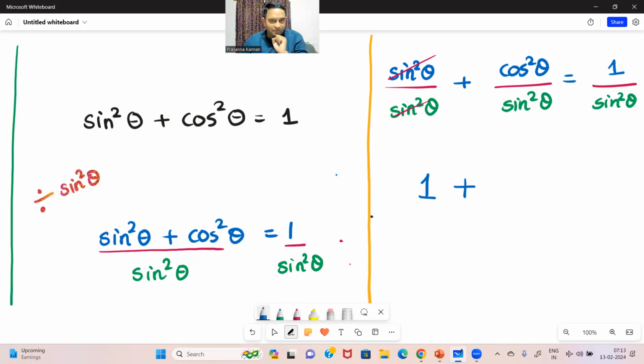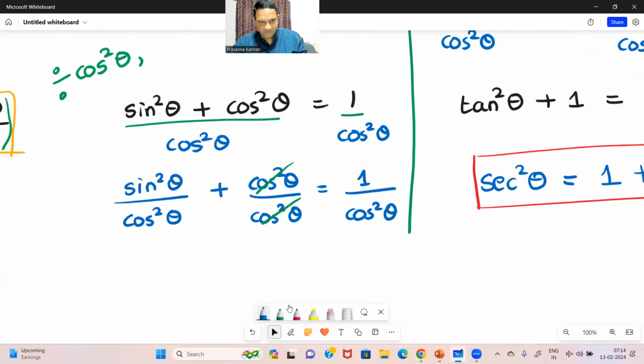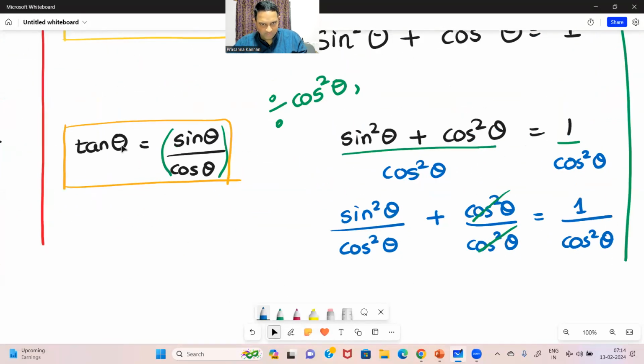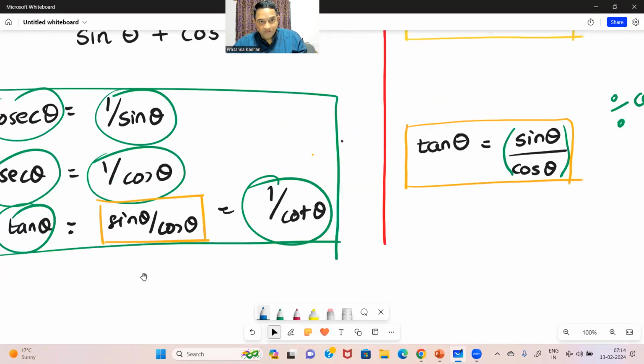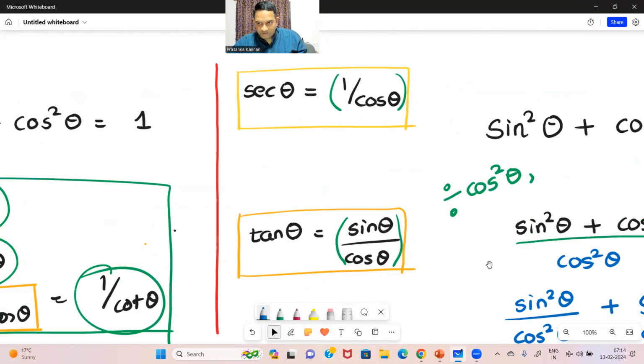Have you learned any formula for cos theta by sine theta? Tan is what? Sine theta by cos theta, correct? What is tan theta? Sine theta by cos theta. But what is cot theta?